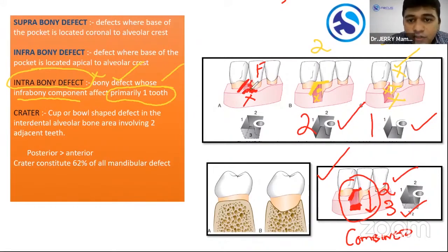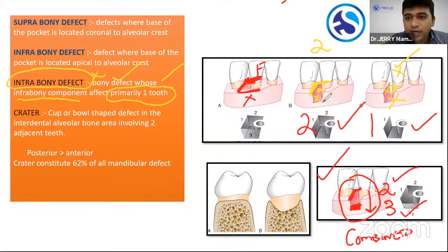If the bone was filled here, this would be the mesial part of that bone, but that has been eaten up. So you only have the distal. And the wall towards the lingual side is known as the lingual wall. So you have the facial wall, the distal wall, and the lingual wall. I hope this is clear.